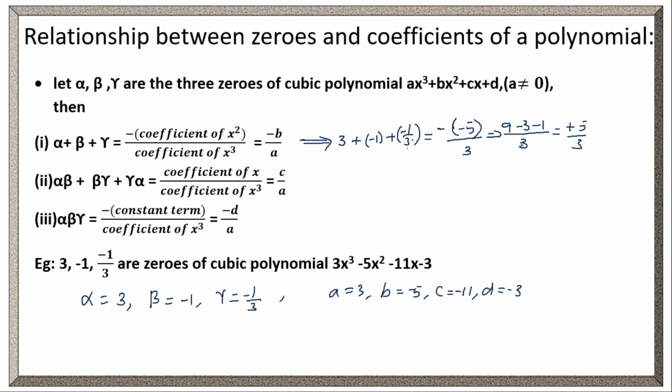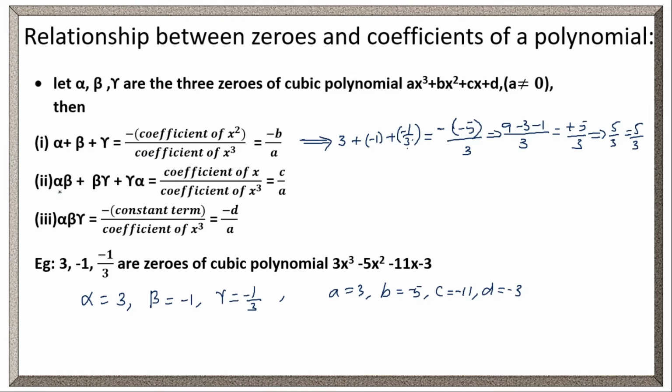So 9 minus 4 by 3 means 5 by 3. Here we got 5 by 3 equal to 5 by 3 or not. So sum of the zeros of a cubic polynomial is minus b by a. Is this clear? Alpha plus beta plus gamma equal to minus b by a. That is nothing but minus coefficient of x square by coefficient of x cube.